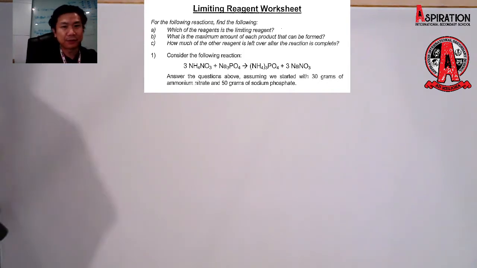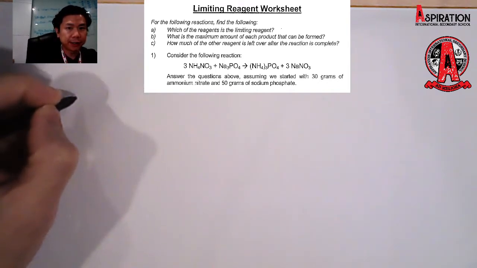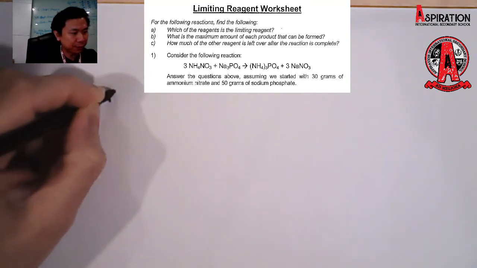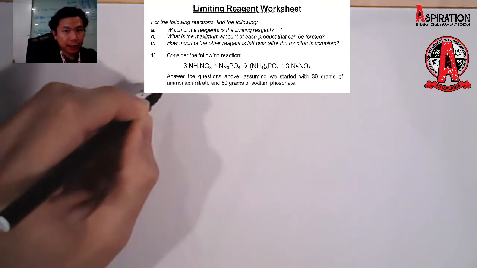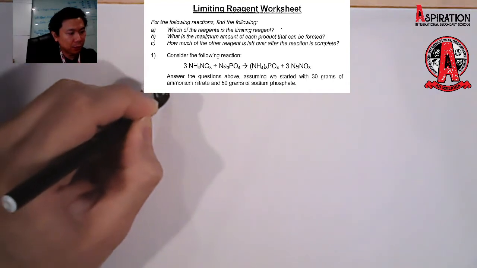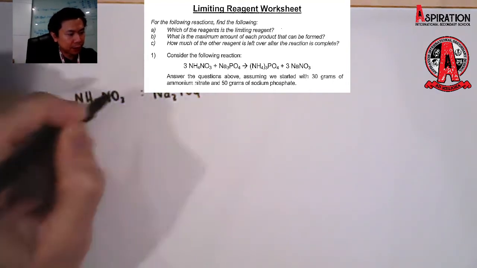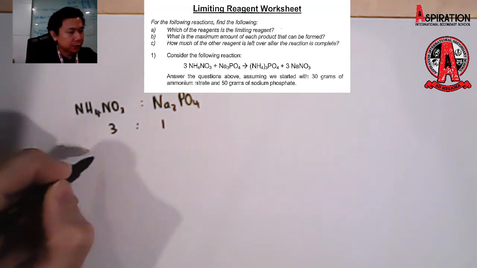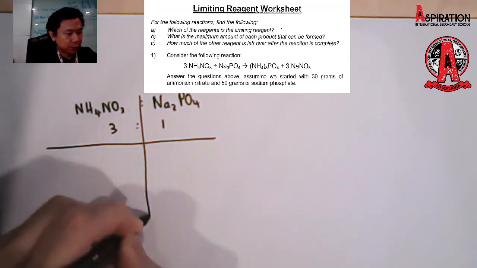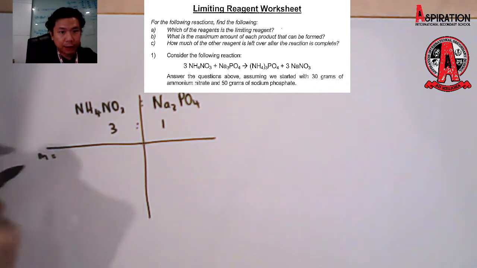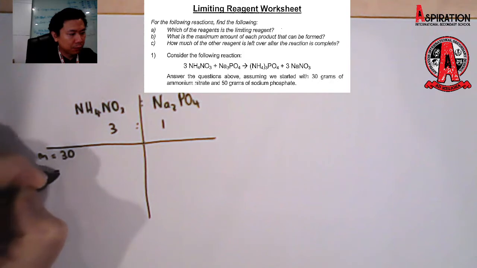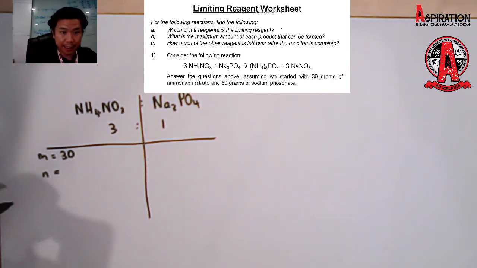So we are given 3 moles of ammonium nitrate, and we are given 1 mole of sodium phosphate. So it's 3:1. So we are given here 30 grams, and we need to find our moles. Mole is represented by the letter n.